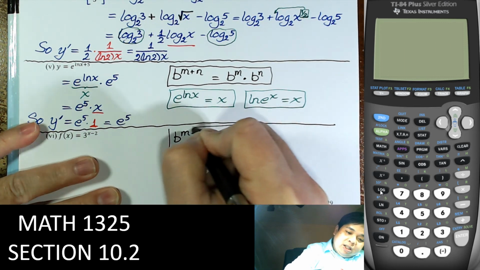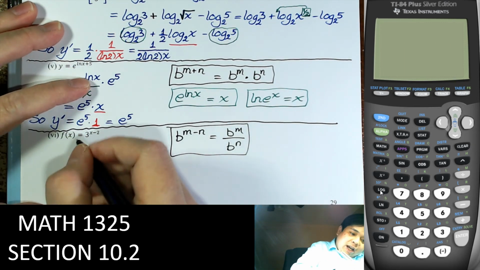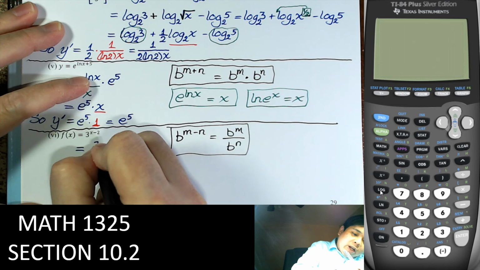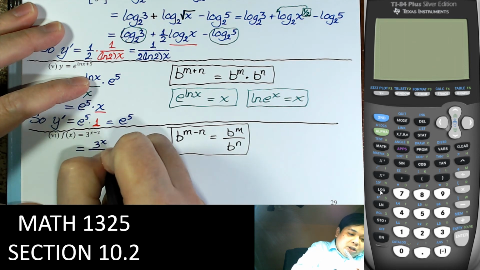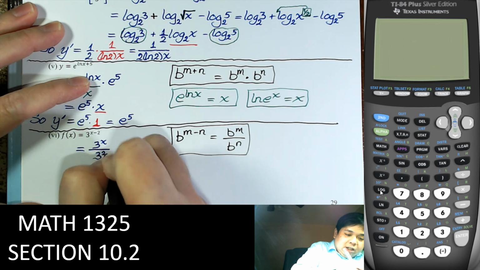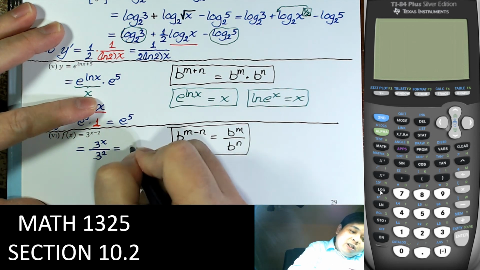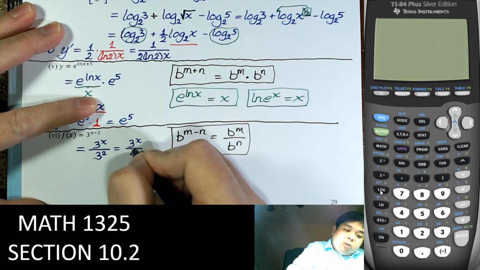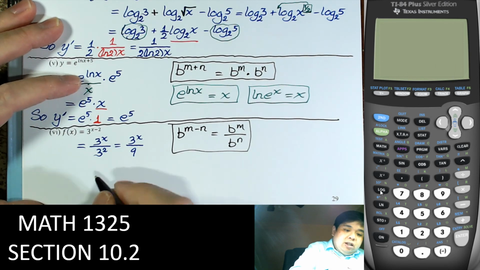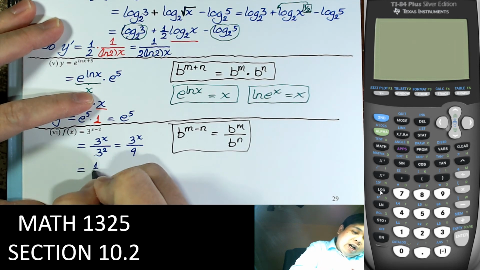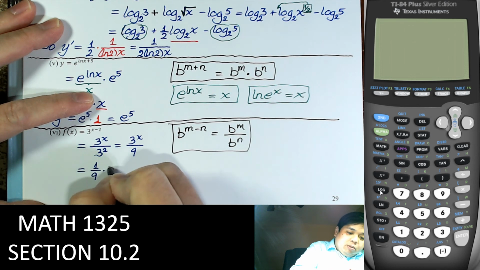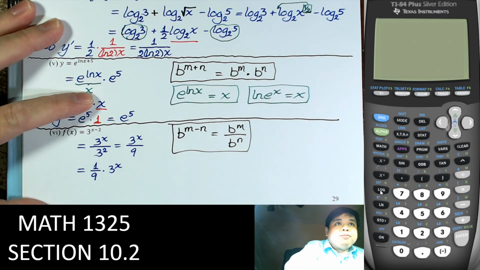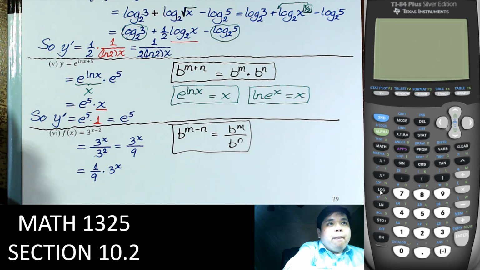So we can split, and that becomes 3 to the x divided by 3 to the second. 3 squared is 9. Instead of writing like this, we can write it as 1 over 9, the constant, times 3 to the x power.